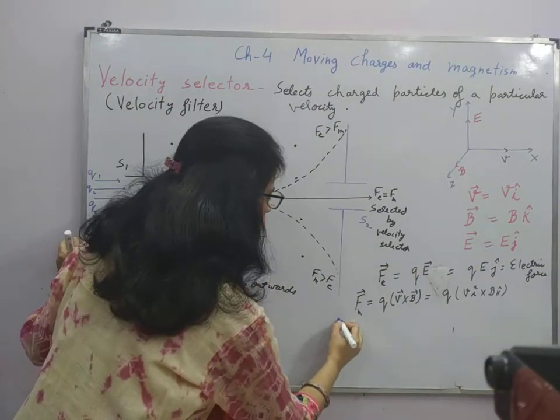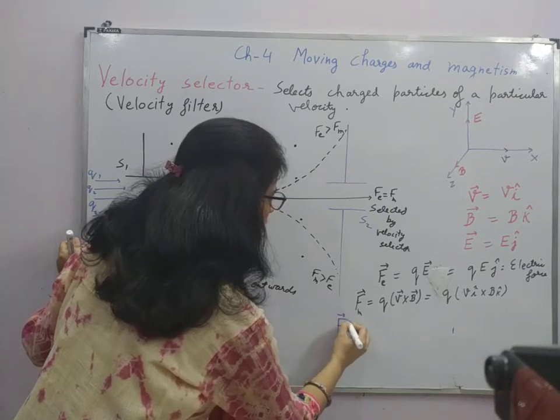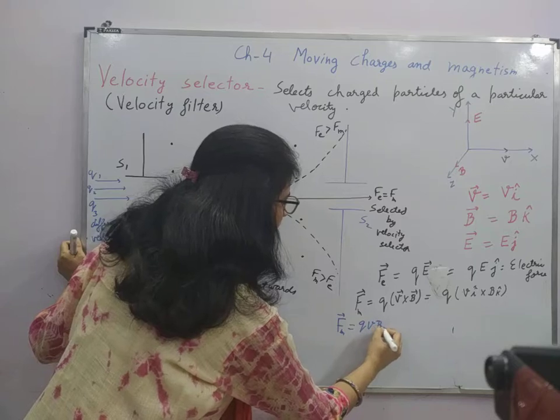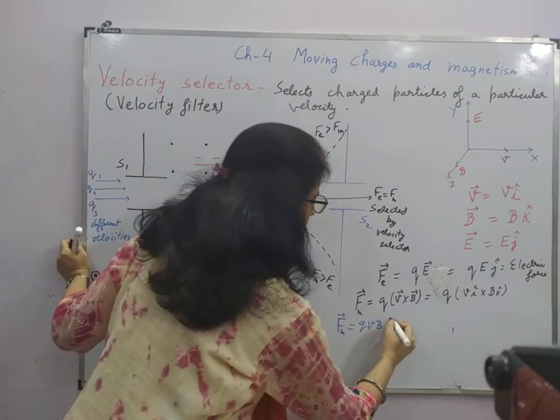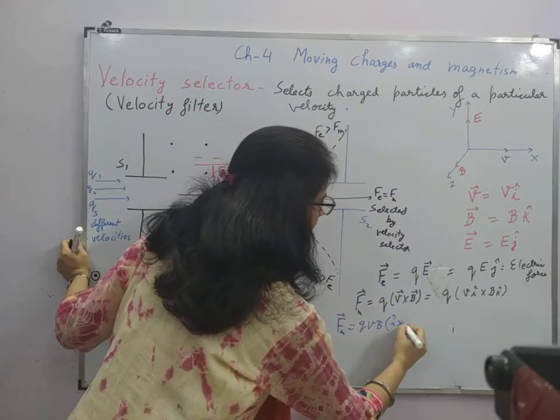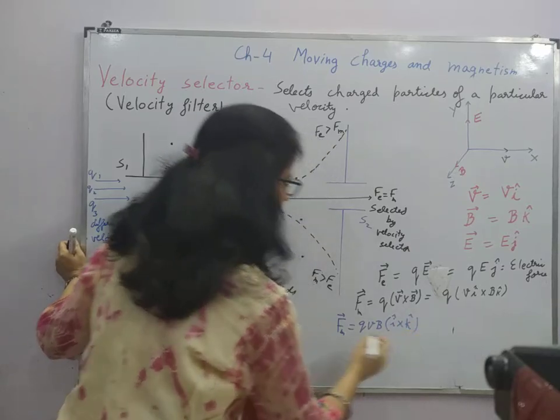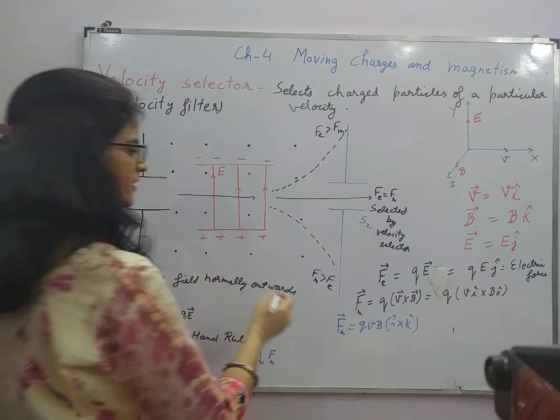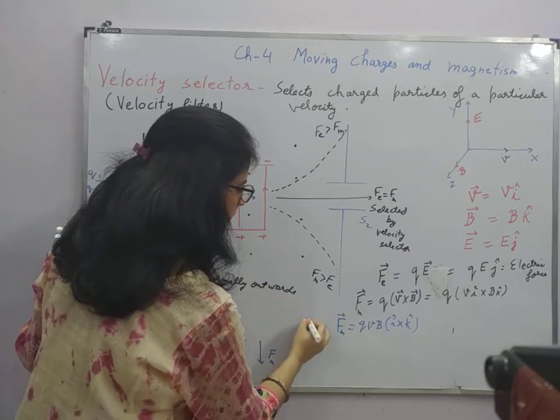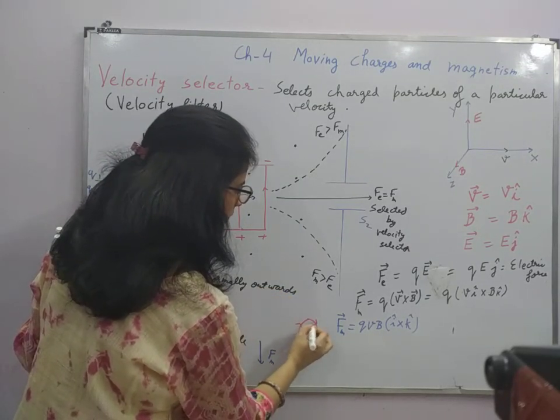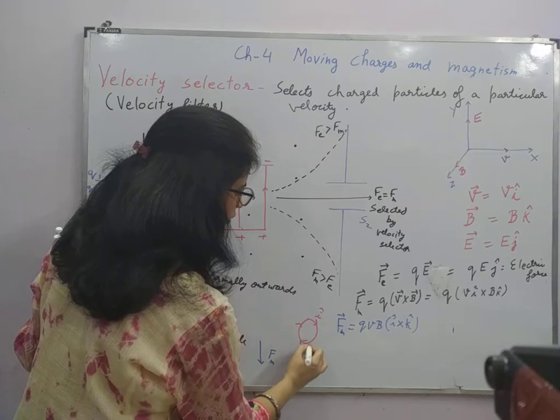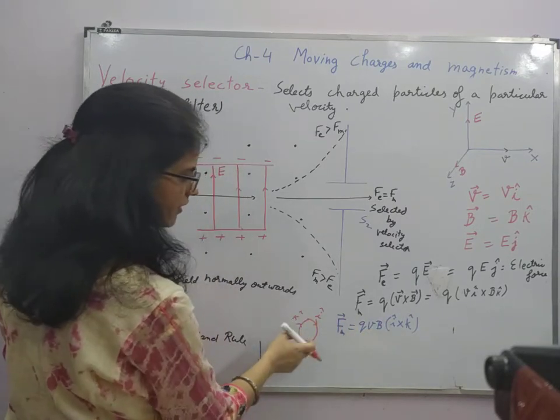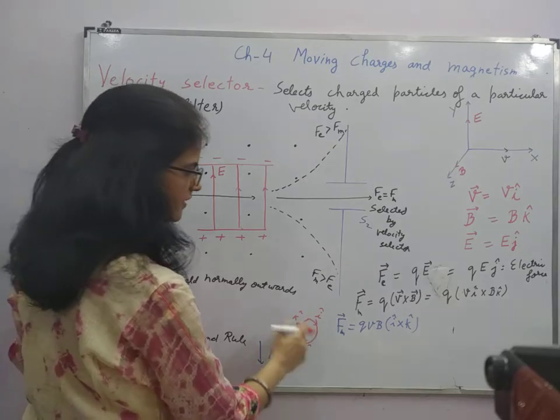Now let's keep the magnitude part outside, and this will be i cross k cap. Now let's recall that circle which we studied for trig. This was i, this was j, this was k. So i cross k, the reverse direction is there, anti-clockwise.